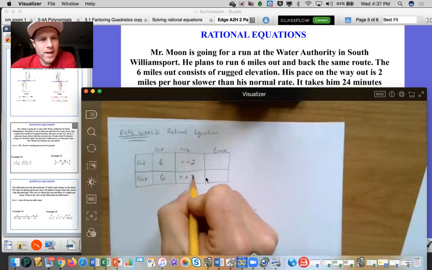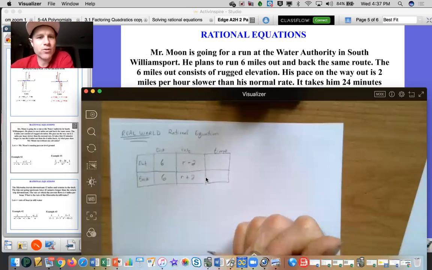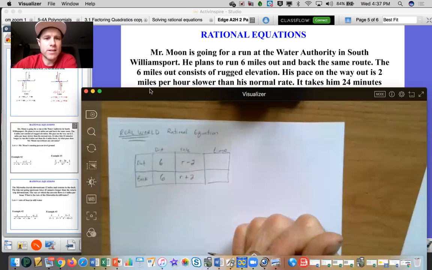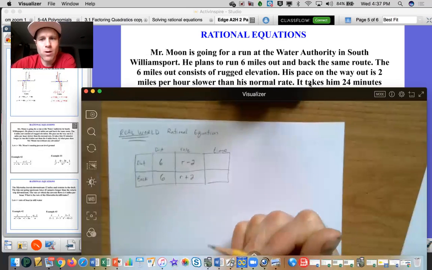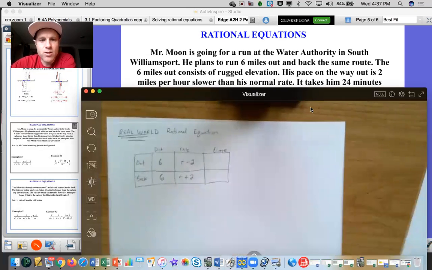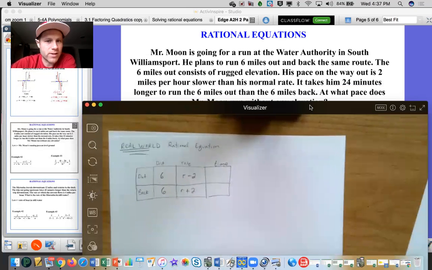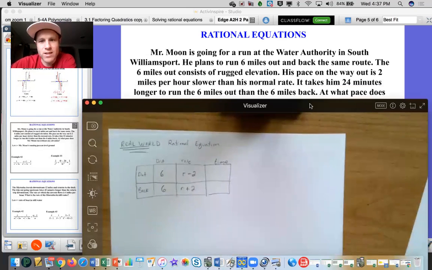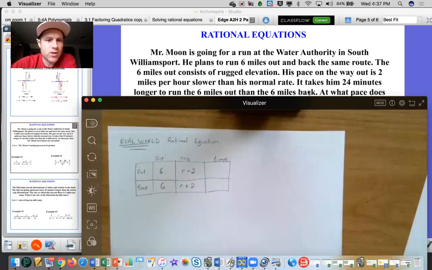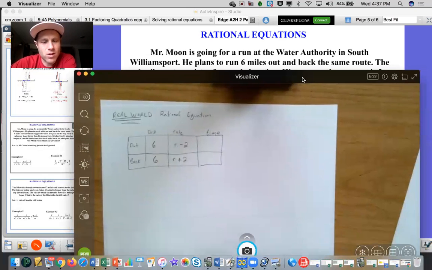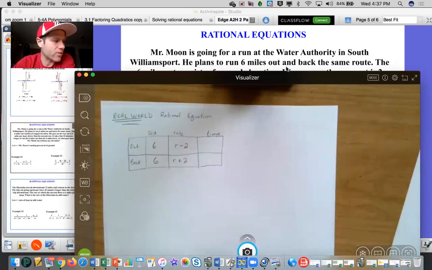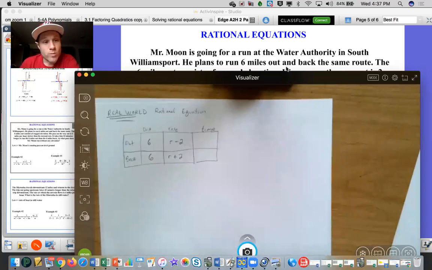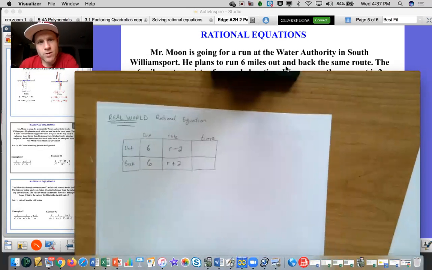Our time frame here, and we're talking in miles per hour. That's a key to this question. We're talking in miles per hour. And it takes me 24 minutes longer to run the 6 miles out than the 6 miles back. Since miles per hour is in 60-minute increments, there are 60 minutes in an hour.